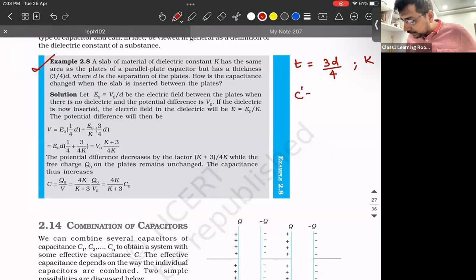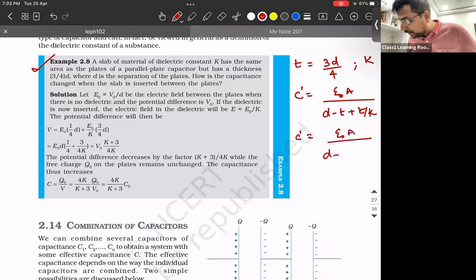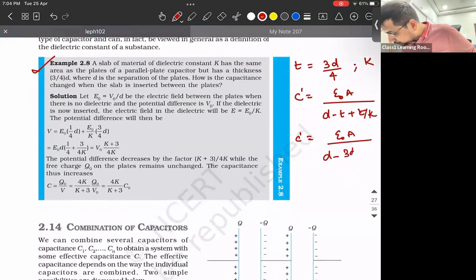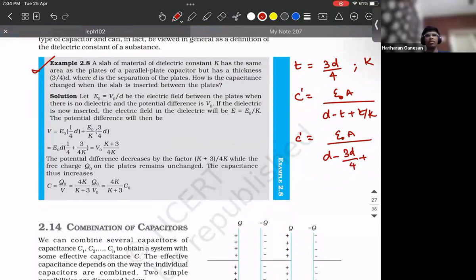So what is going to be the new value of capacitance? It is going to be epsilon naught A divided by D minus T plus T divided by kappa. So C dash will be equal to epsilon naught A divided by D minus, what is the value of T? It is 3D by 4, plus what is T by K? 3D by 4K.